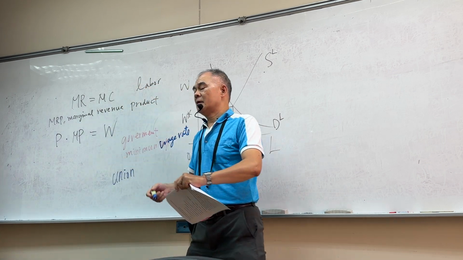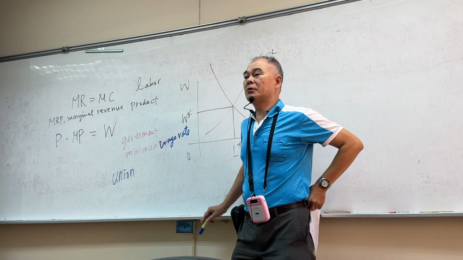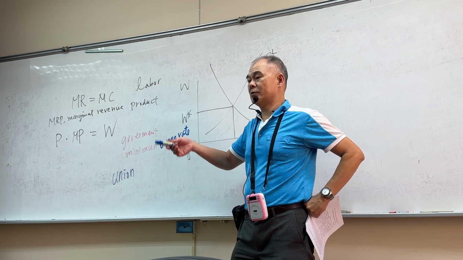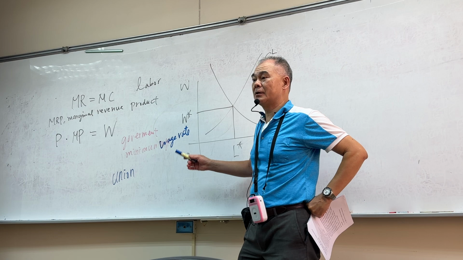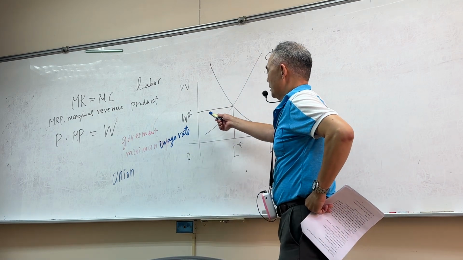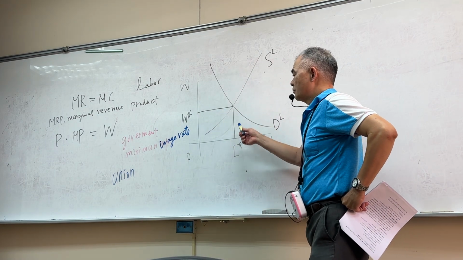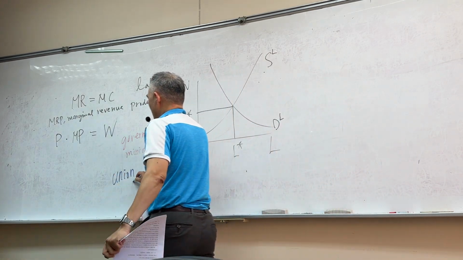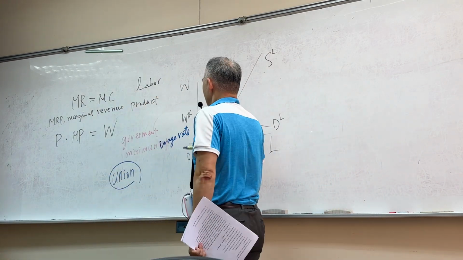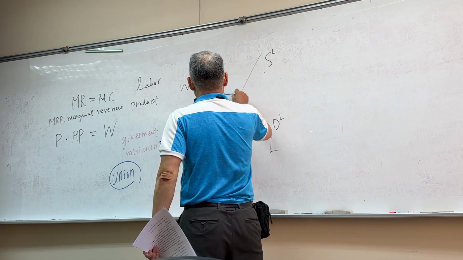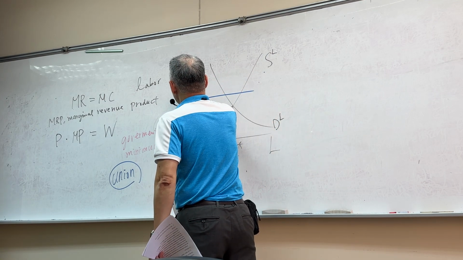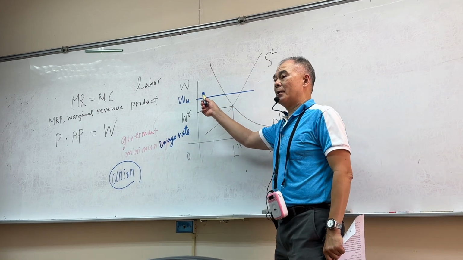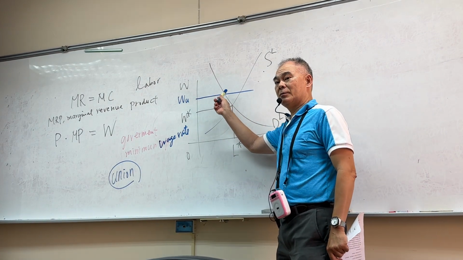And from this whole labor dispute, what would the labor union do? The labor union just raises the wage rate. So supposedly the market runs efficiently, but whether it's by union or by government, let us say this is WU, the wage rate imposed by the labor union.